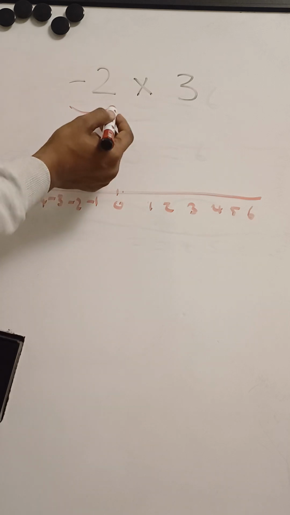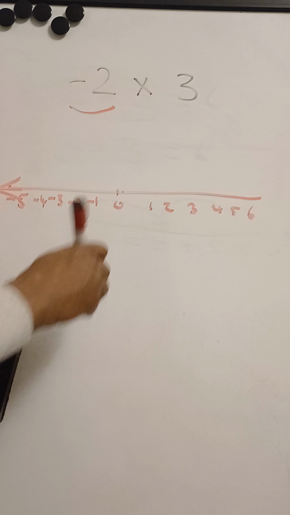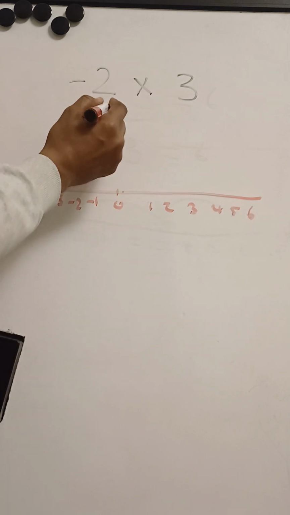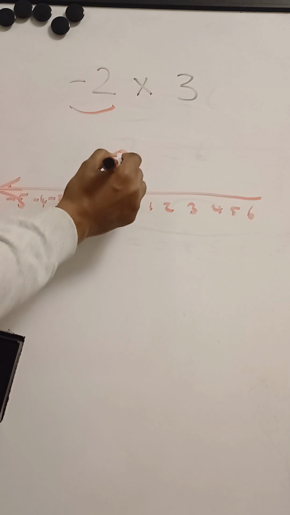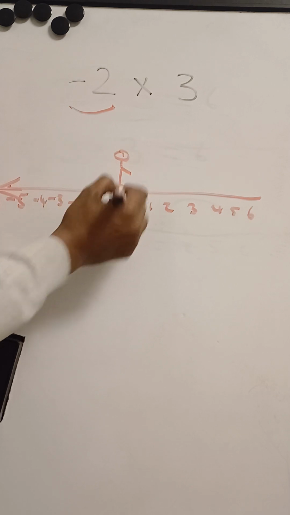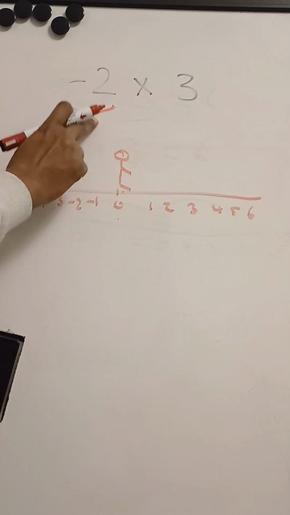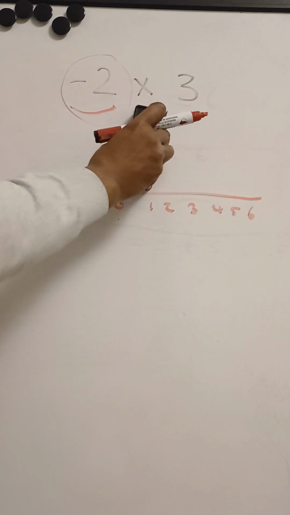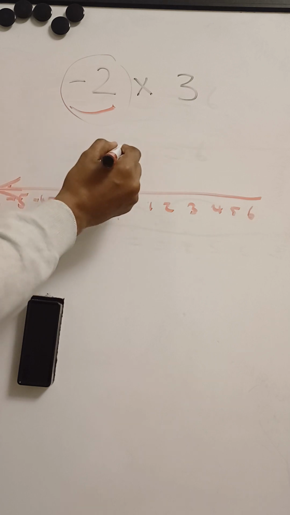So the first number is where are we facing? So if it's a positive, then we face to the right, starting from 0. If it's negative, this is regarding the first number. If it's negative, then we're facing left.